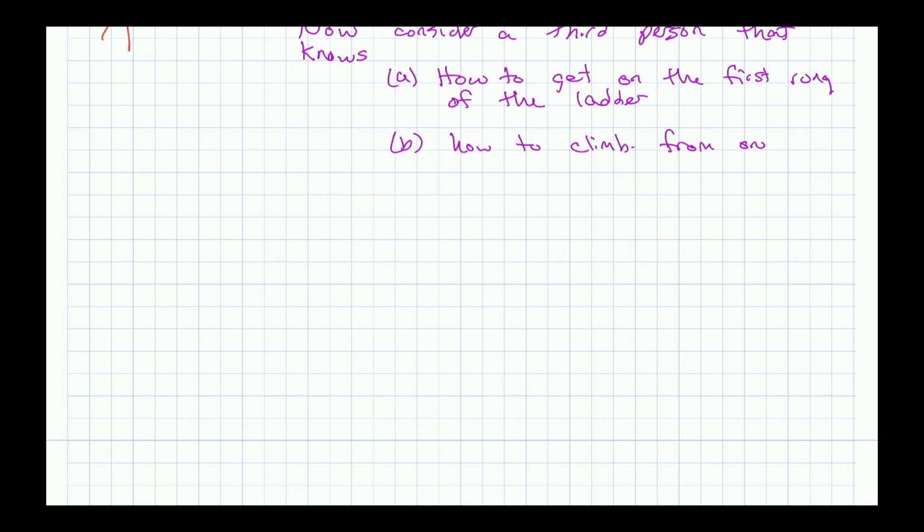So in that case, they'd be able to climb the entire ladder.